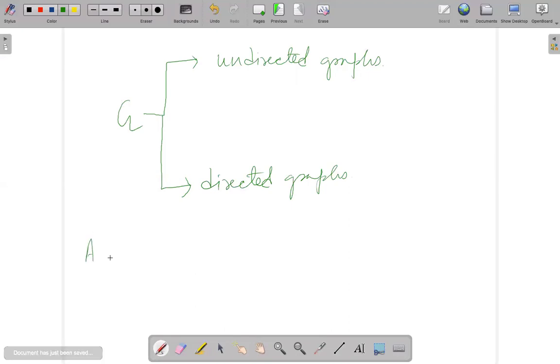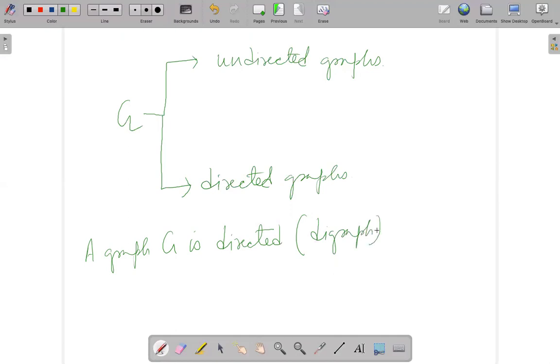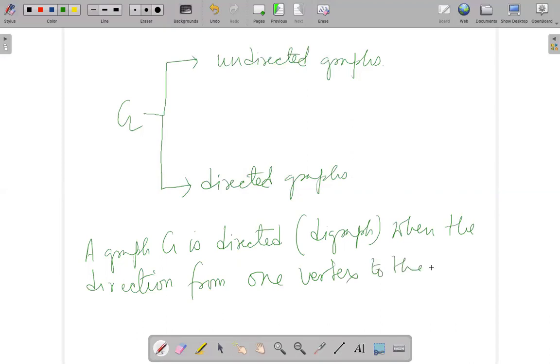So a graph G is directed, sometimes also called a digraph, when the direction from one vertex to the other is defined.